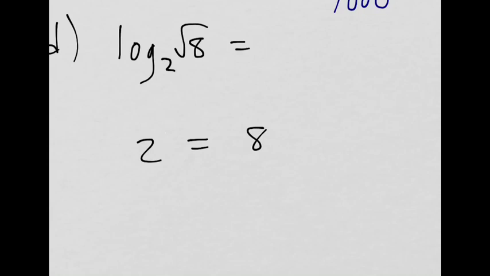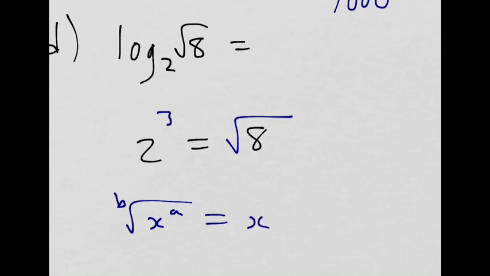So we know that 2 to the power of 3 is 8. How do I get that square root in there? Square root of 3? No, 2 to the root 3, that won't work. Do you guys remember how to convert something like this into exponential form? With a fraction as an exponent?